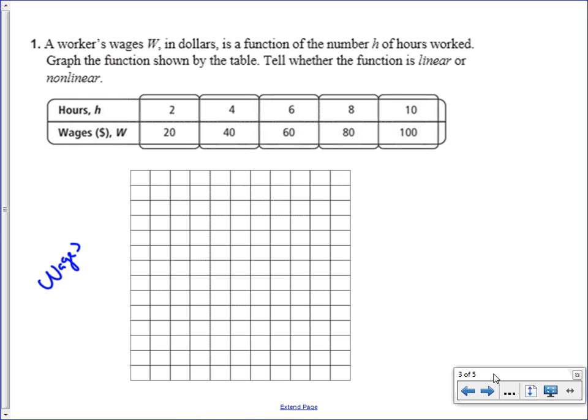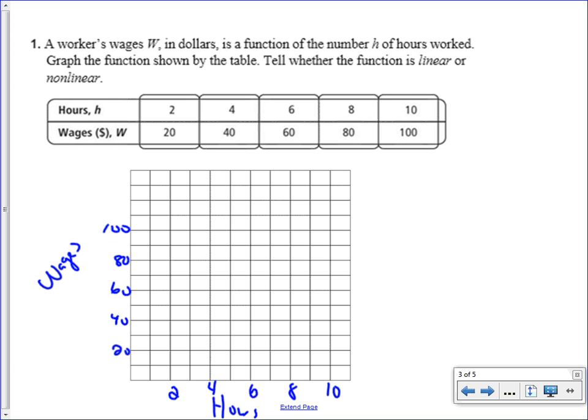Let me try that all again. So this is hours: a 2, a 4, a 6, an 8, a 10. And then along the side I could go 20, 40, 60, 80, and 100.